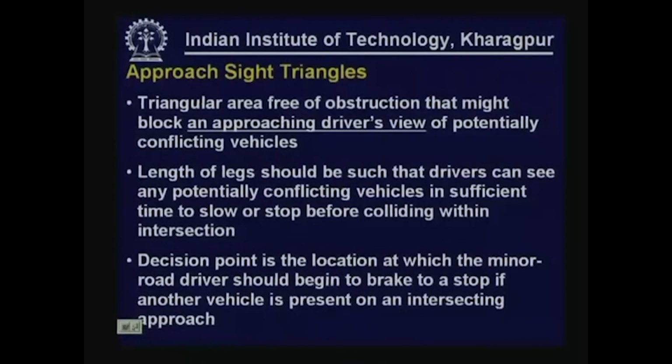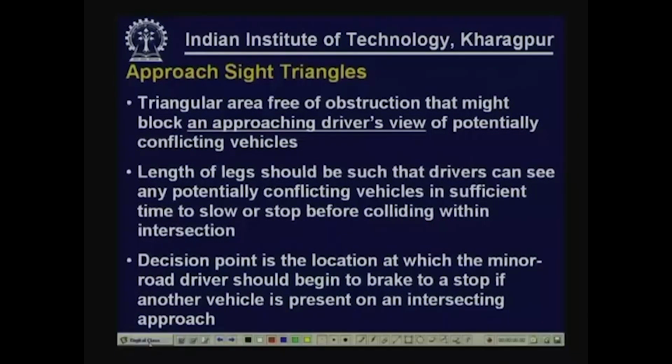The approach sight triangle, as given here, is the triangular area free of obstruction that might block an approaching driver's view of potentially conflicting vehicles. I would like to draw your attention to this particular aspect: an approaching driver's view.